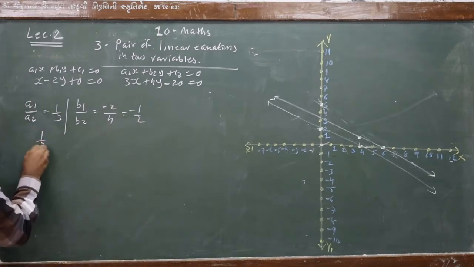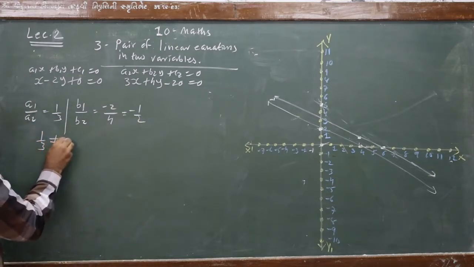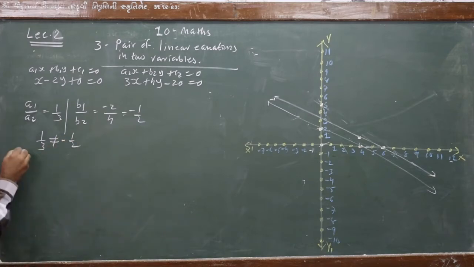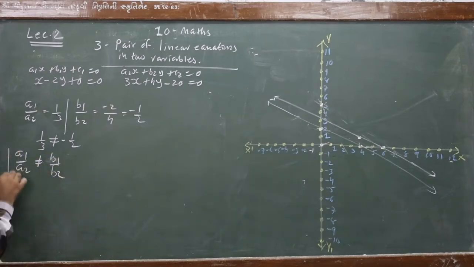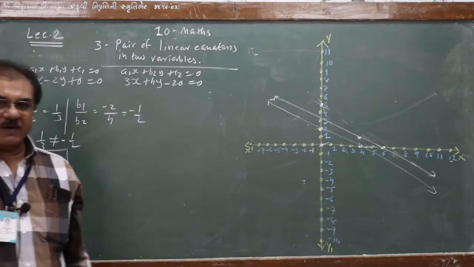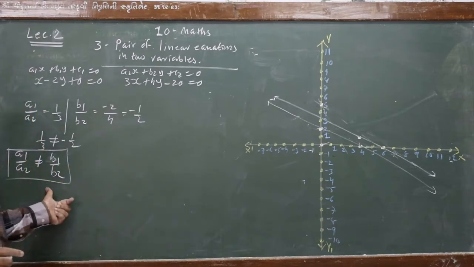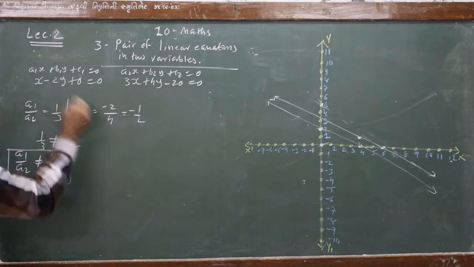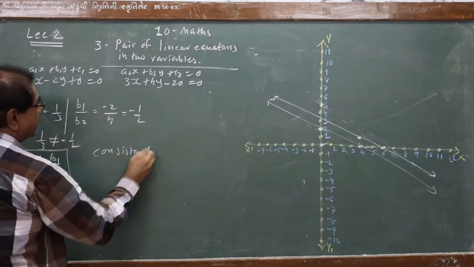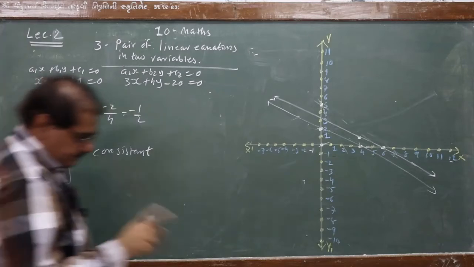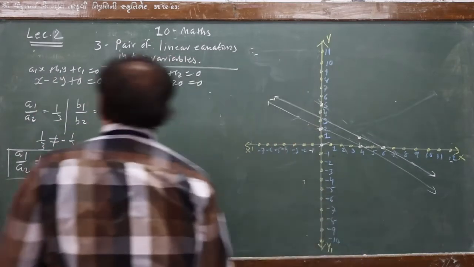And you can check 1 upon 3 is not equal to minus 1/2. Therefore, a1 upon a2 is not equal to b1 upon b2. When this is so, the lines are intersecting. They have a unique solution. That means they are consistent. The equations are called consistent.